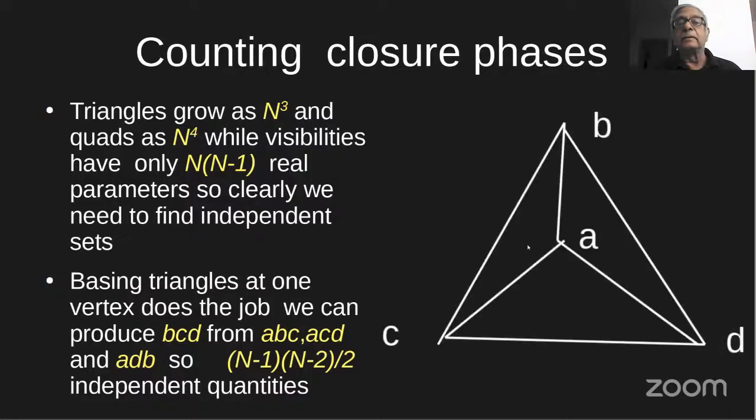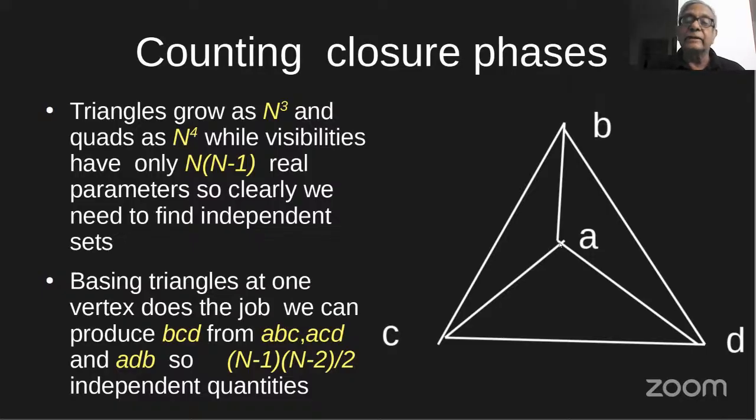So you just have to imagine that you traverse the triangle from A to B, B to C, C to A, then back from A to C, C to D, D to A, then again back from A to D, D to B, and then back.